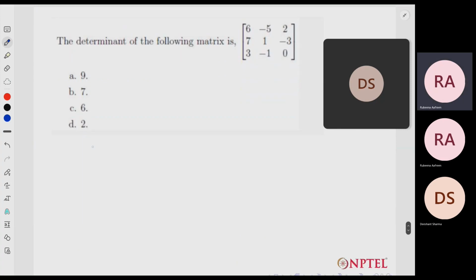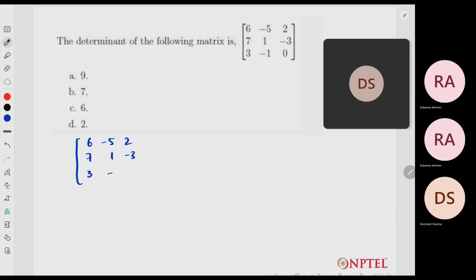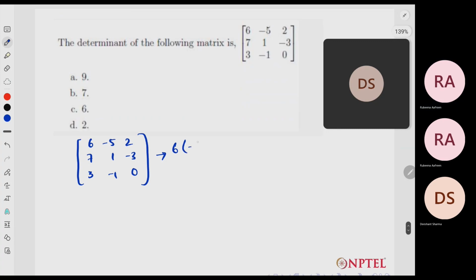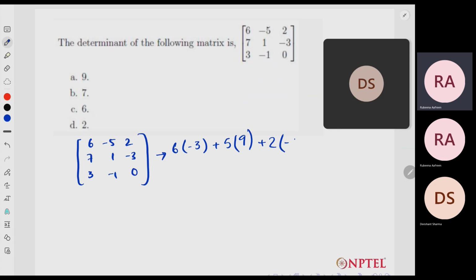For any 3 by 3 matrix, the determinant is like, so you can write it as this term into the determinant of this matrix. 6 times of minus 3 plus 5 times of, it should be 9, then plus 2 times of 7 minus 3 minus 10.